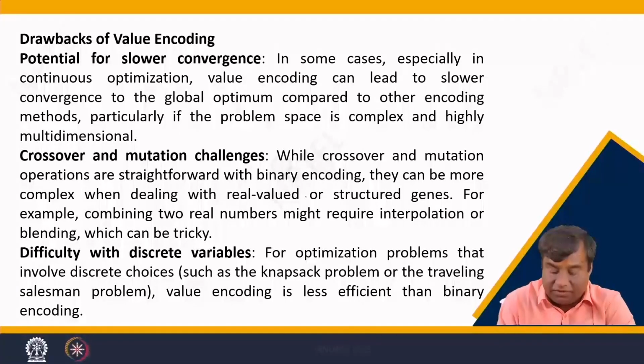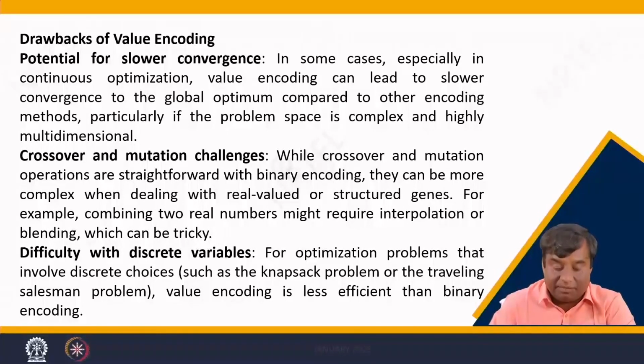For example, combining two real numbers might require interpolation or blending, which can be tricky. Difficulty with discrete variables: for optimization problems that involve discrete choices, such as the knapsack problem or traveling salesman problem, value encoding is less efficient than binary encoding.